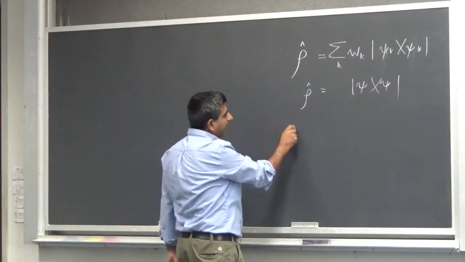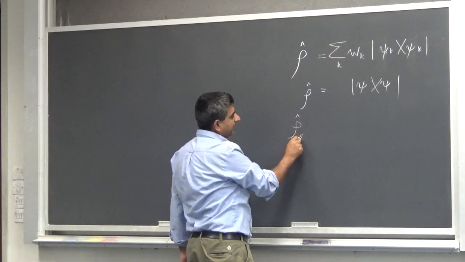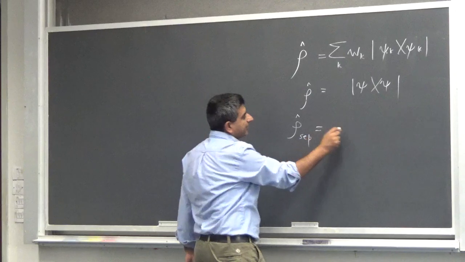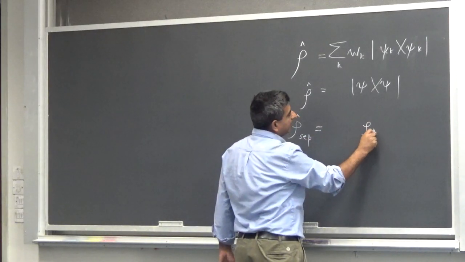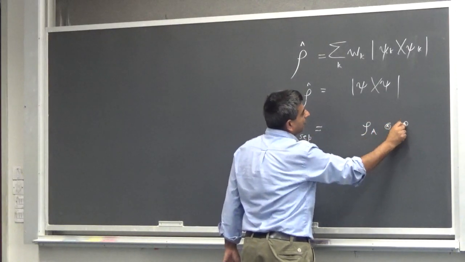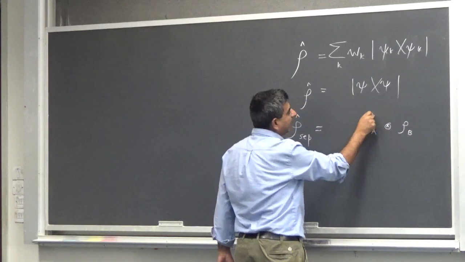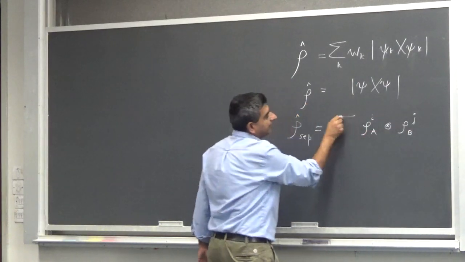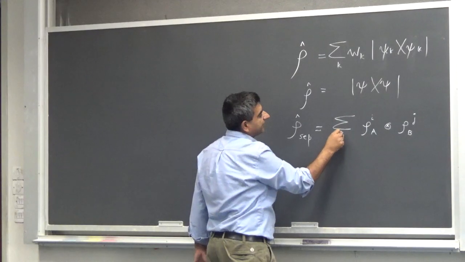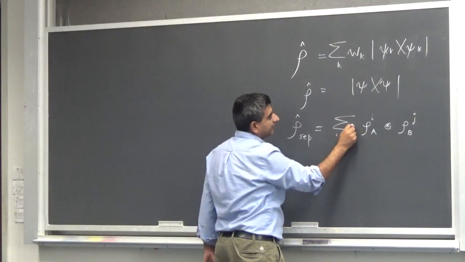We also looked at what is meant by a separable state. Any state that can be written as rho A times rho B, and you can have i's of these and j's of these, sum up over i's and j's, and some factors, say p_ij.